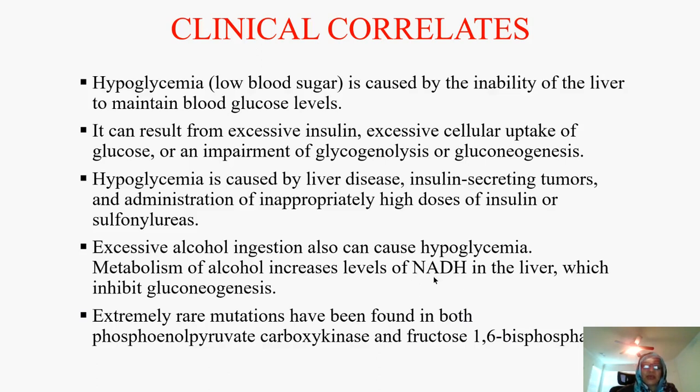This ratio is very essential for cellular activities and mechanisms, and one of the processes highly affected by it is gluconeogenesis. So this will inhibit gluconeogenesis: alcohol consumption, overproduction of insulin, liver diseases or tumors, and also there are some mutations with certain enzymes.